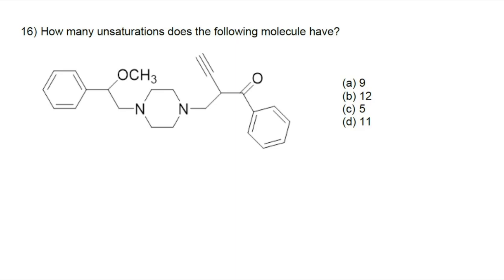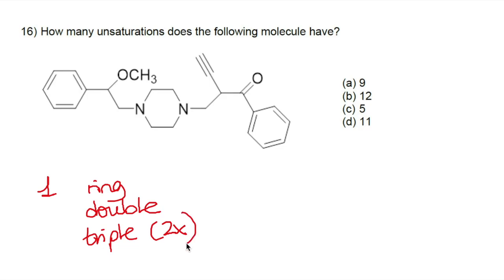So how many unsaturations does this molecule have? In an example that we saw at the beginning of the exam, we had to use the molecular formula to figure out how many unsaturations, but in this case it's simpler. So remember that one unsaturation was a ring, or a double bond, or a triple bond, but the triple bond counts twice because there are 2 pi systems involved. So in this case we have 1 ring, 2 rings, and 3 rings.